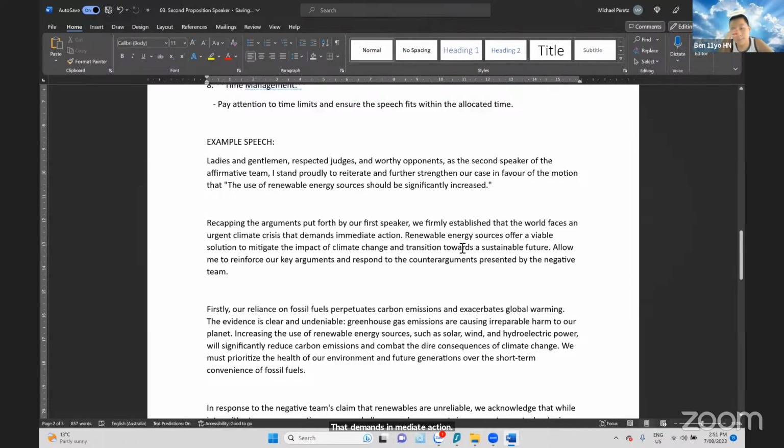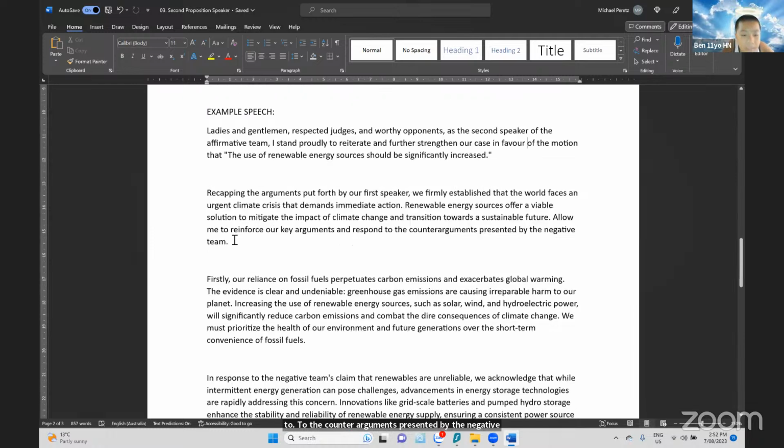Renewable energy sources offer a viable solution to mitigate the impact of climate change and transition towards a sustainable future. Allow me to reinforce our key argument and respond to the counter arguments presented by the negative team.